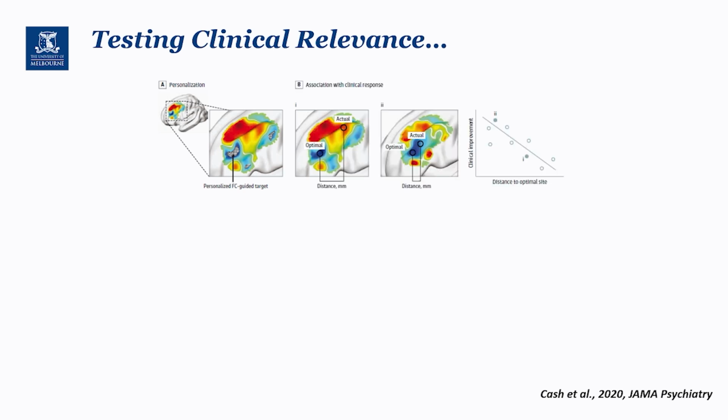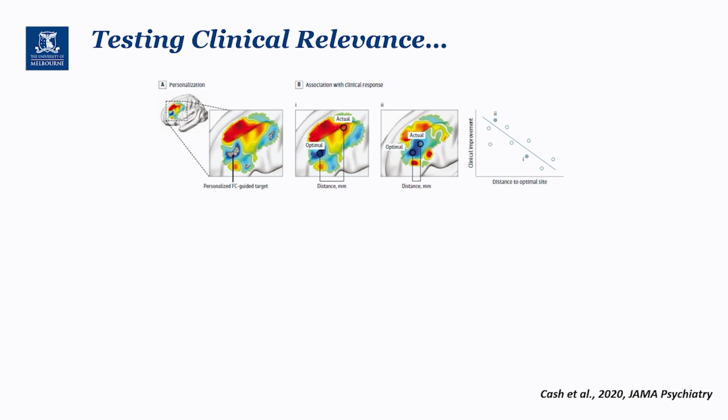The first thing that we did to test this is we had data, retrospective data, where patients were treated using a one-site-fits-all approach, so a non-personalized approach. Basically, they came into the clinic and they received standard TMS stimulation. Now, there is inherent variation across patients in that process, but once again, I'll emphasize it was non-personalized TMS.